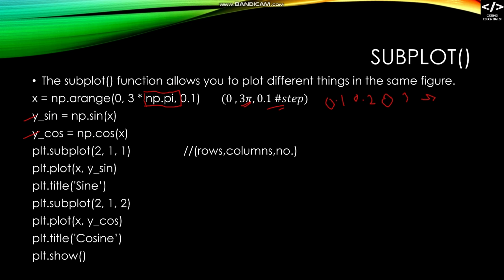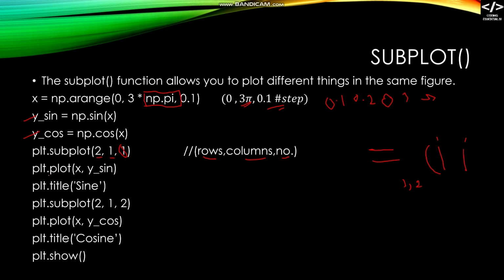Then plt.subplot(2, 1, ...). Our current orientation is first plot and then second plot. If you want to change it, you give 1, 2, so there will be one row but two columns. So this is how it works: rows, columns and then the plot number. So 2, 1 and then this is the first plot.